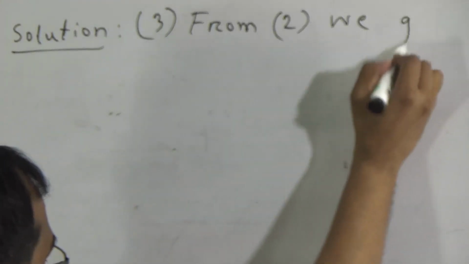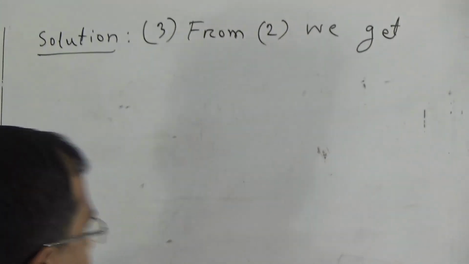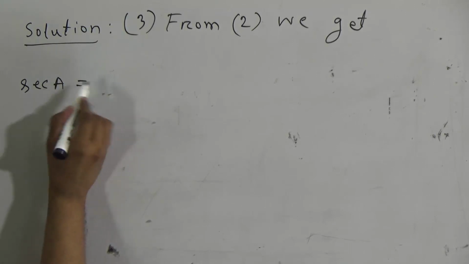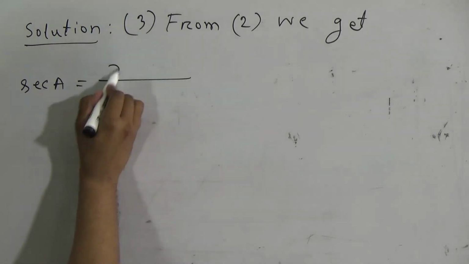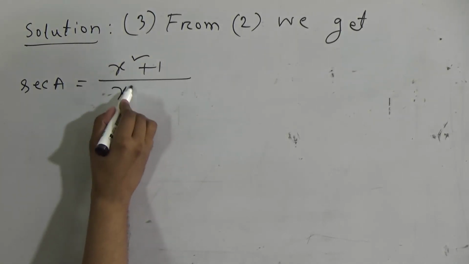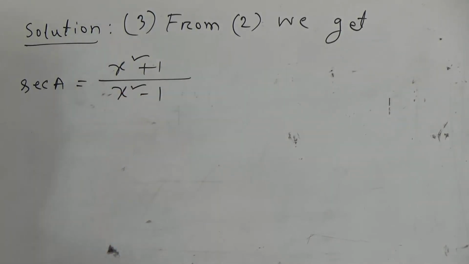From 2 we get sec A is equal to x square plus 1 divided by x square minus 1.